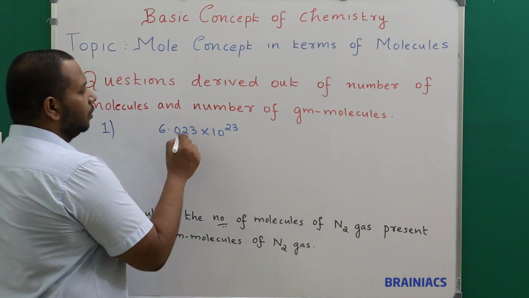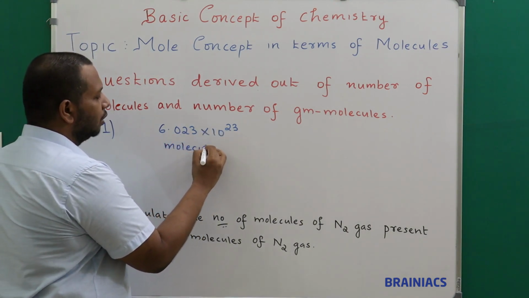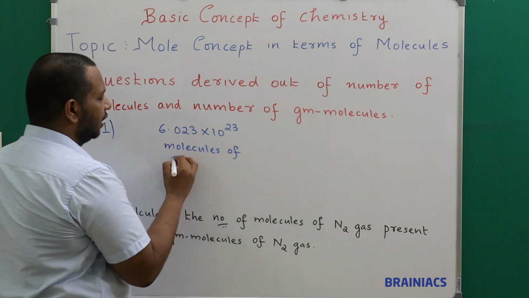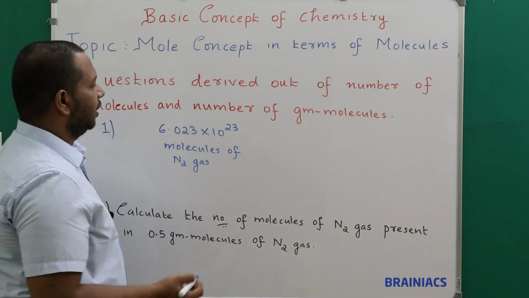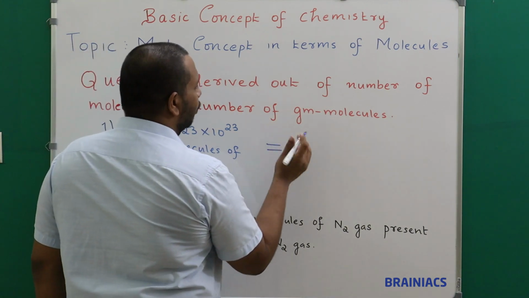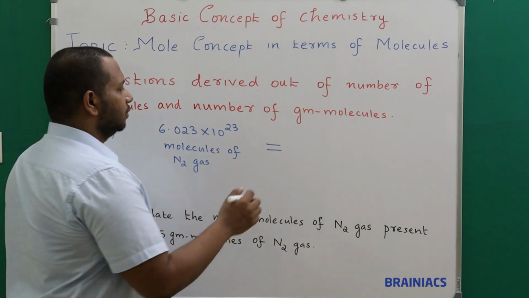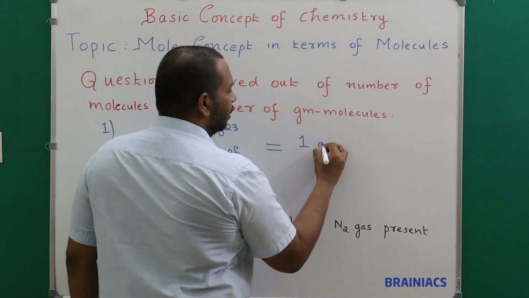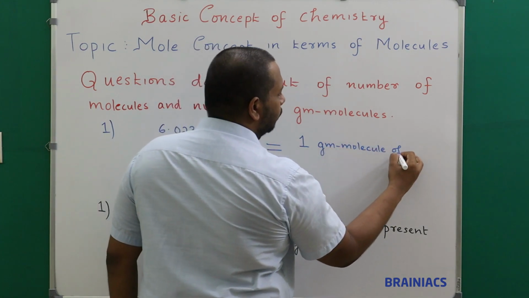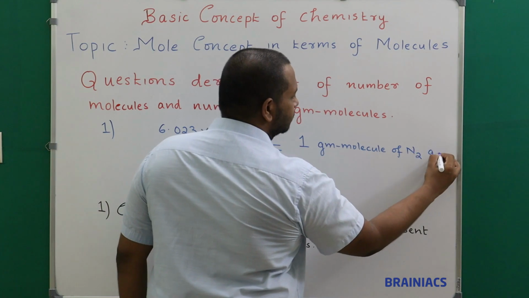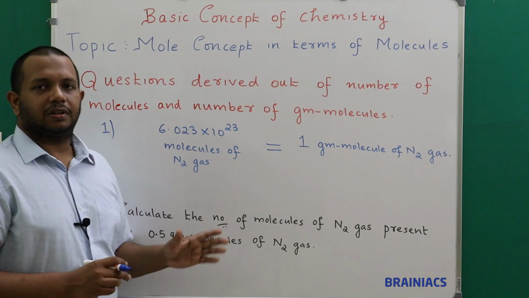So I can say 6.023 into 10 power 23 molecules of N2 gas, nitrogen gas, will have how many gram molecules? I know that this is 1 gram molecule of N2 gas.